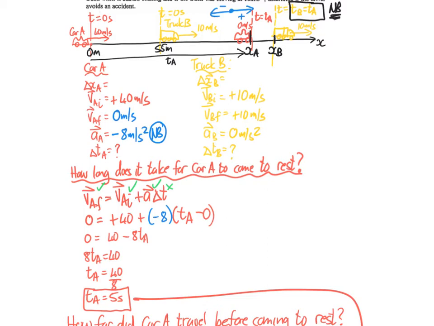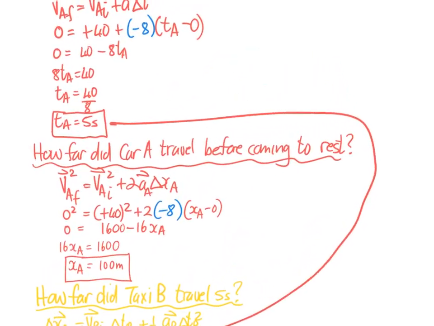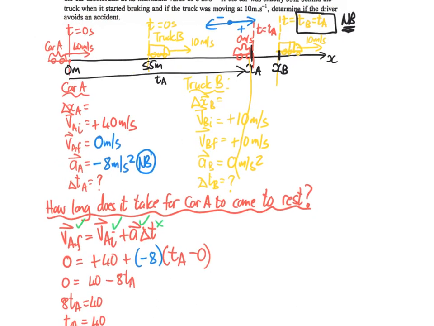Working with that, we see that 40 squared is 1,600. 2 times minus 8 is minus 16xa. Take that across. 16xa equals 1,600. 1,600 divided by 16 is 100 meters for xa. So it took car A 100 meters before it came to a standstill.